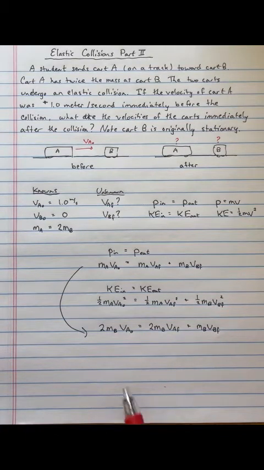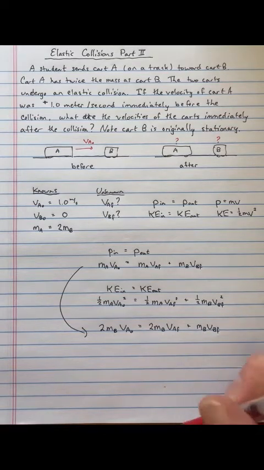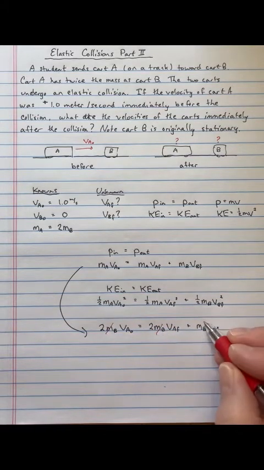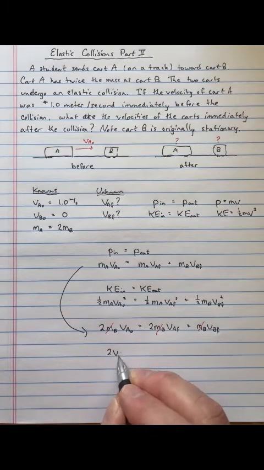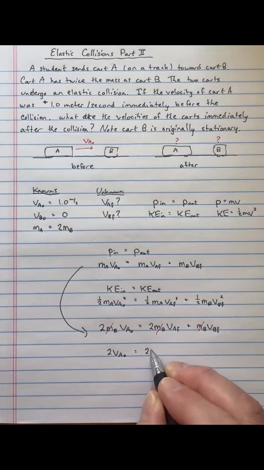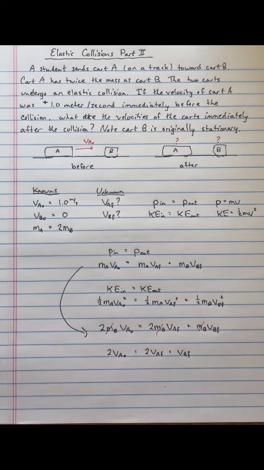Because now we can see that MB is common to all the terms and we can get rid of it like this. So we're left with an equation that has this appearance, like that. Okay.